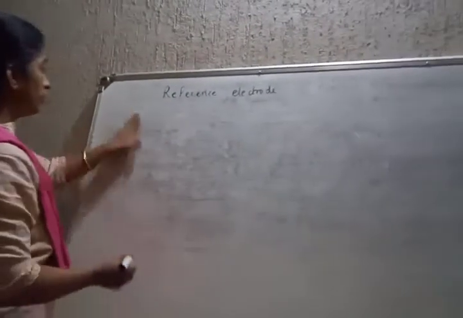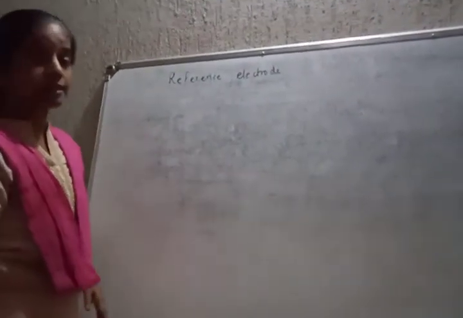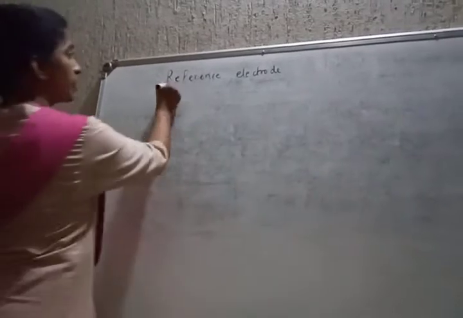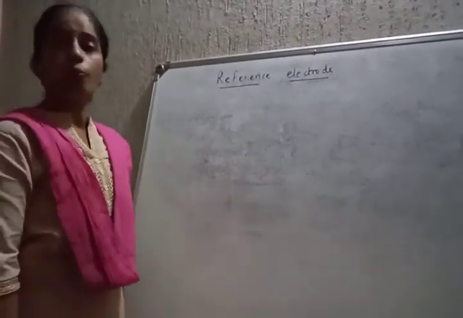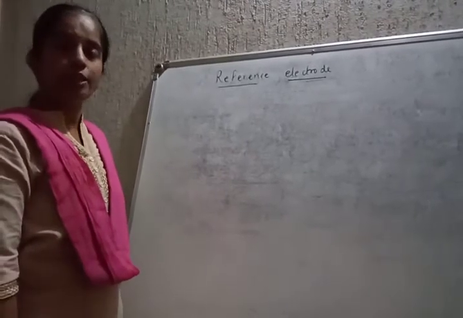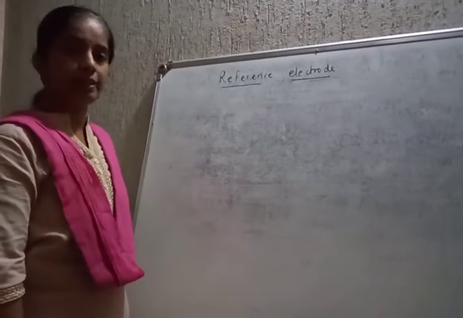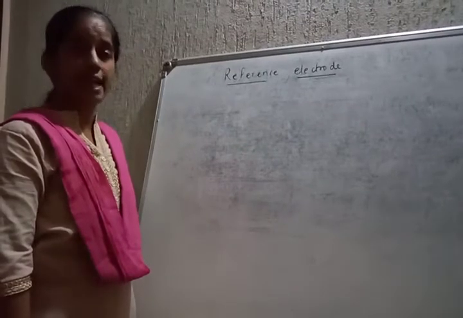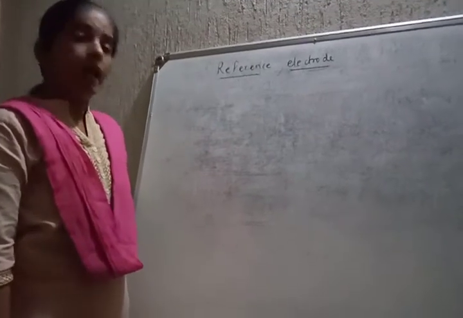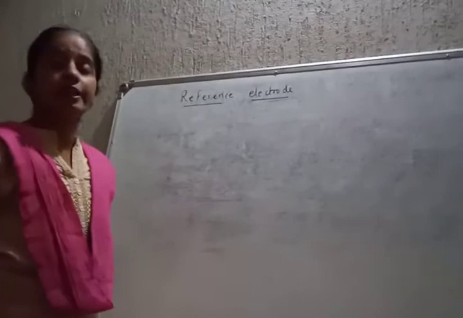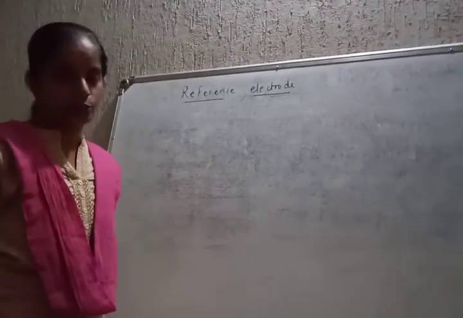First point, let me clear. What is a reference electrode? A galvanic cell consists of two half cells. In one half cell, one electrode, oxidation takes place, which acts as the anode, negative, and in the other half cell, reduction takes place, positive, the cathode.